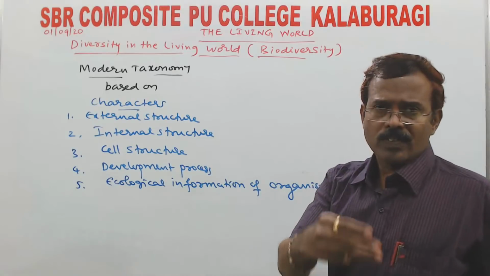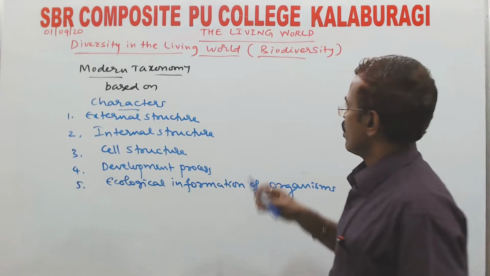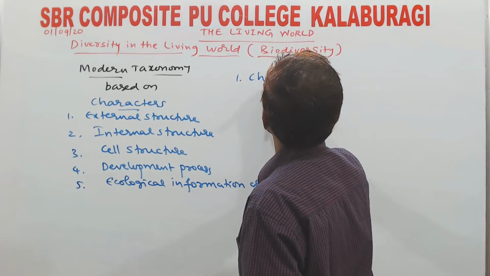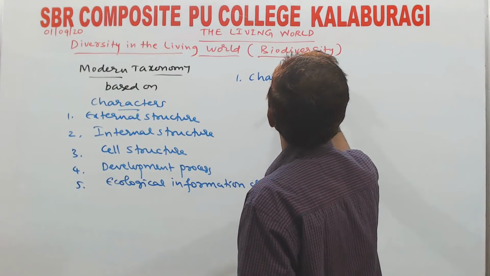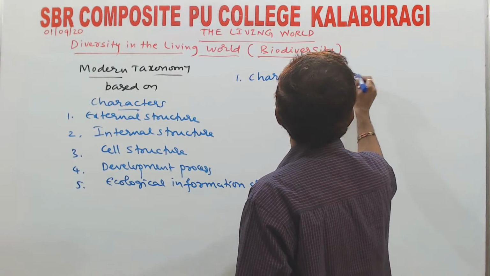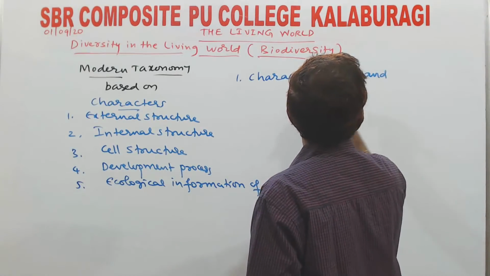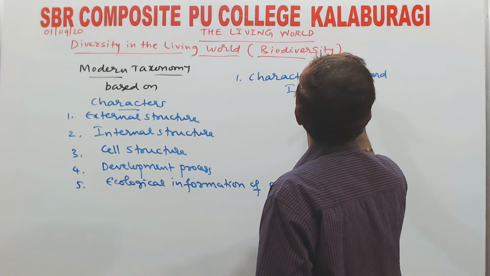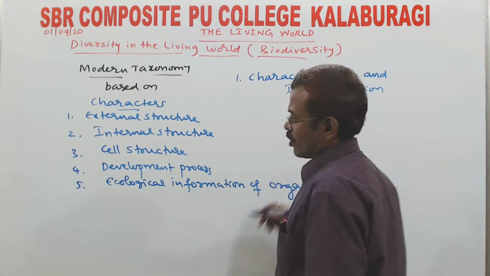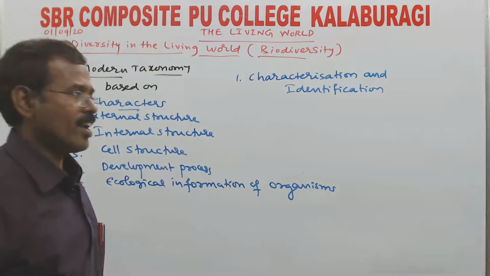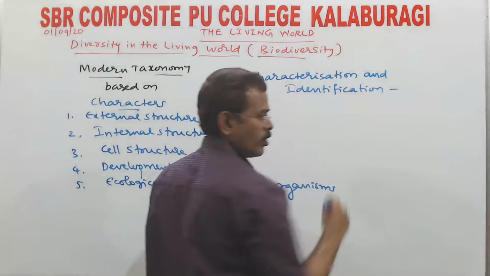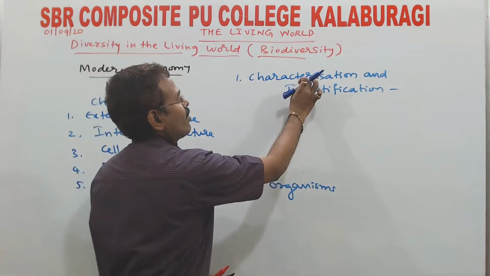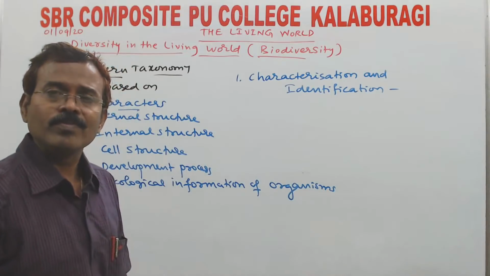So we have three basic elements of taxonomy. One is characterization and identification.